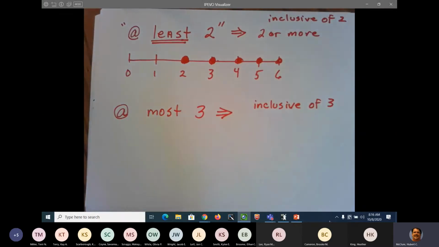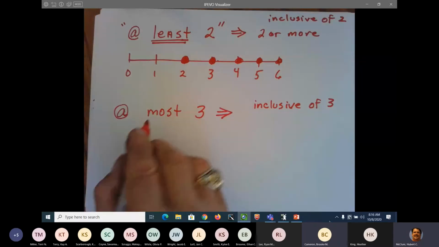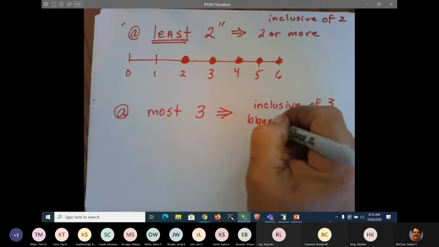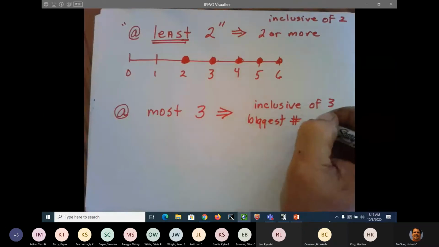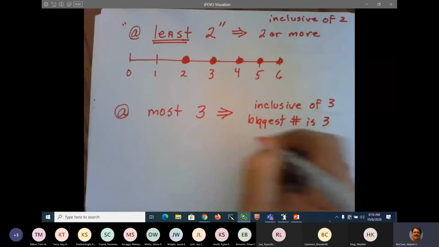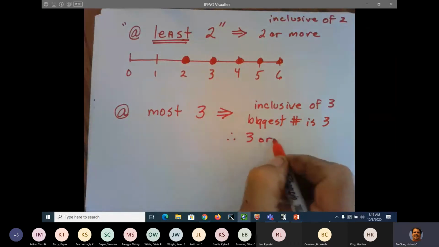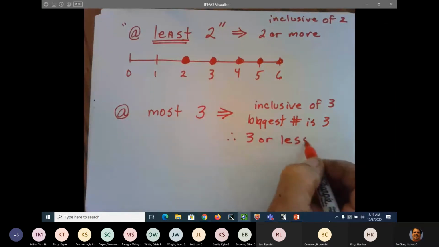But is it more than 3? Or is it numbers less than or equal to 3? Less than. At most 3 means that your biggest number is 3. Therefore, 3 or less.